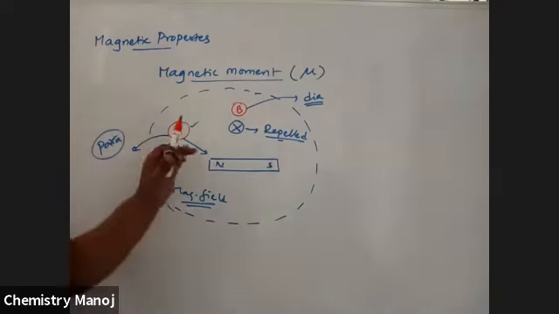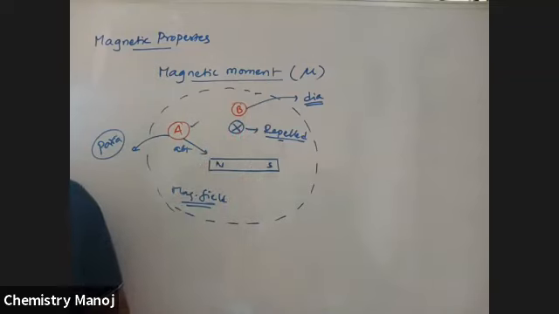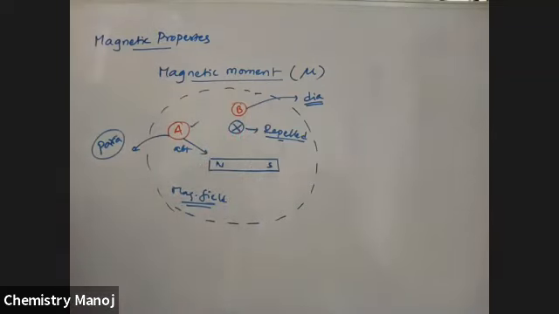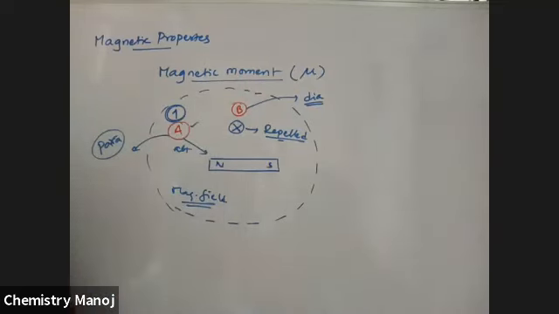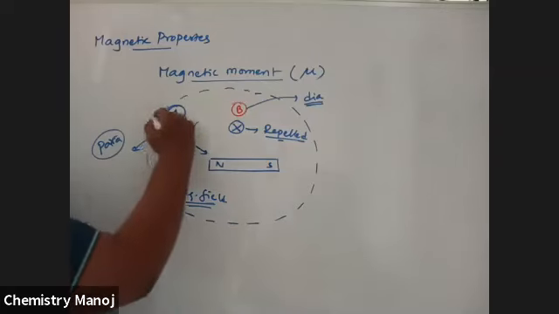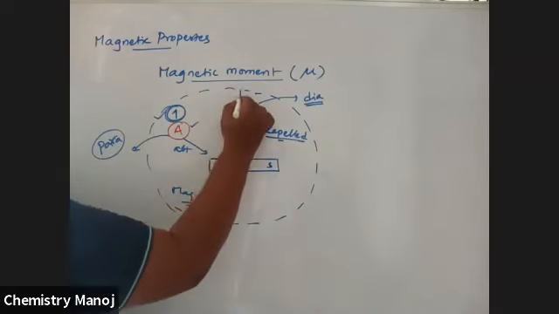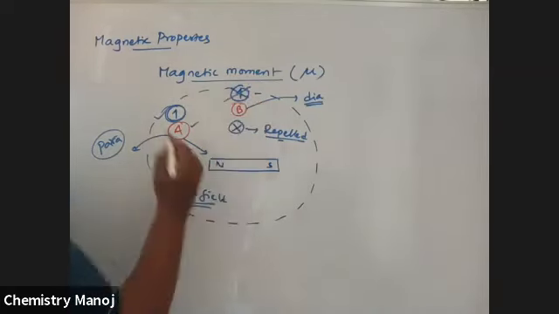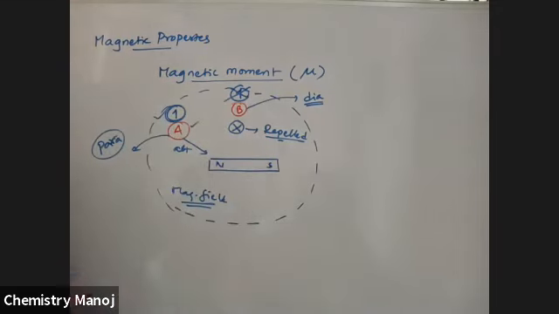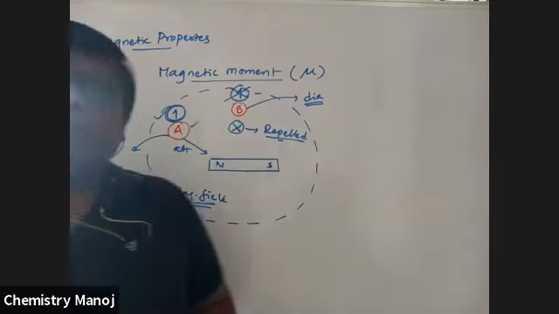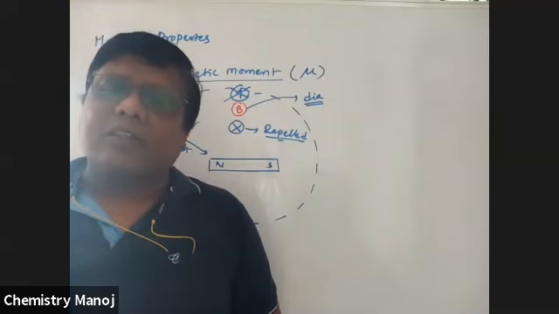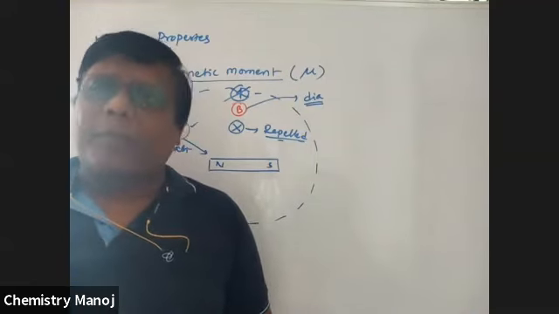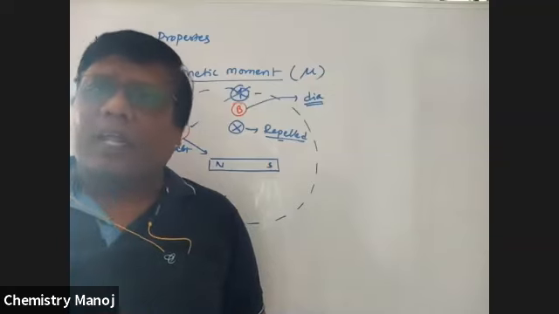Why are some substances attracted, and why are some substances not attracted? Because substances having unpaired electrons are attracted by magnets, and substances which have no unpaired electrons are not attracted by the magnet. That means a substance which is attracted by the magnet has unpaired electrons, and which is repelled by the magnet has no unpaired electrons.